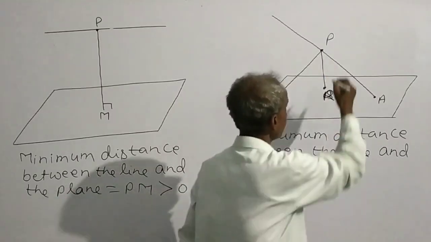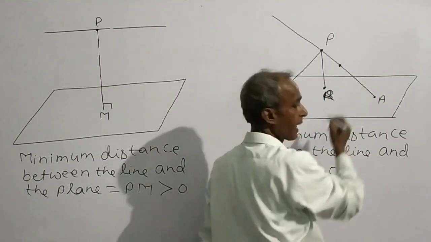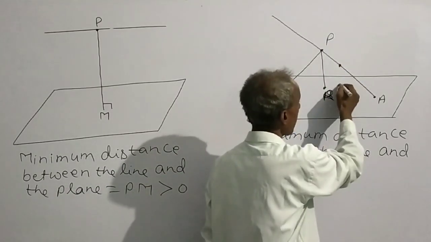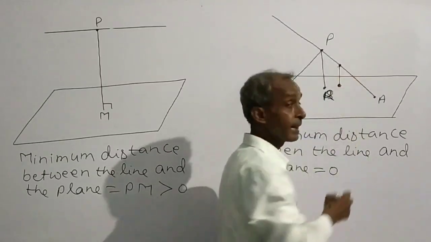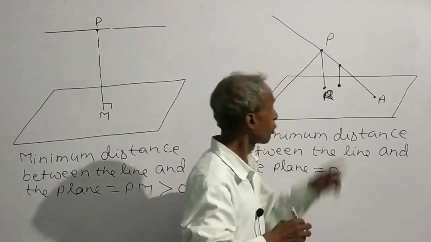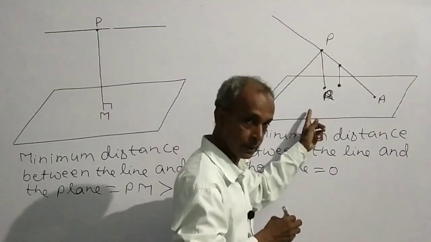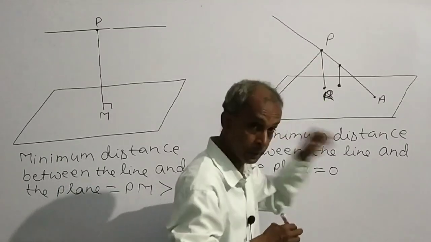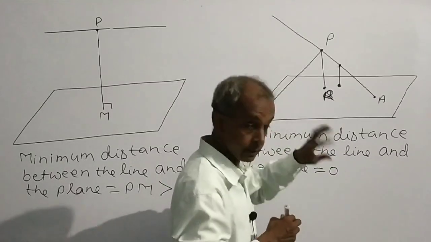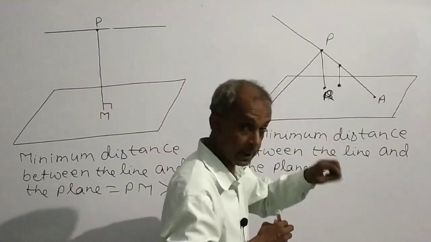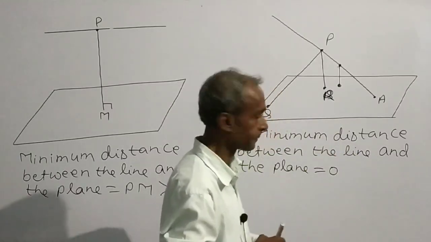That means if we take any point on this line and any point on this plane, then we get a distance. As the point on this line and the point on this plane vary, the length of the distance between them may also vary.